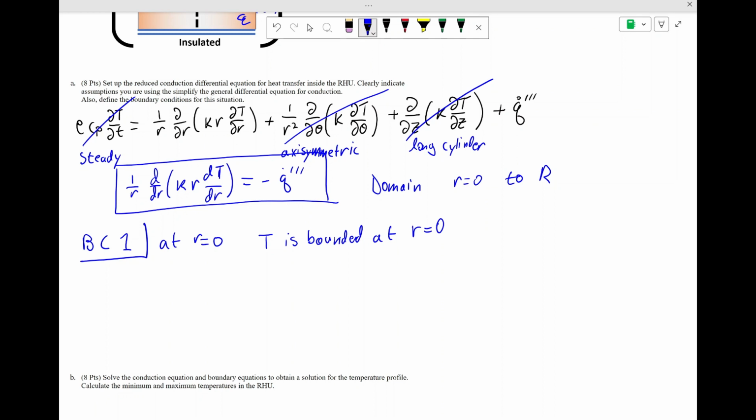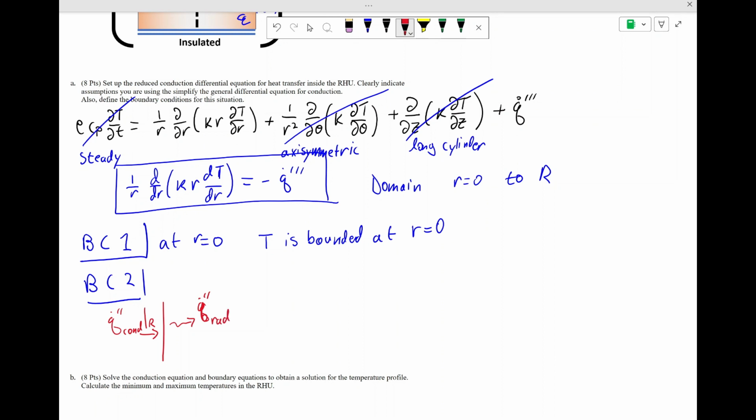Our second boundary condition is at the outer edge. Consider now the outer edge of our cylinder. We've got a conduction heat flux at R, and that's going to have to equal the radiation heat flux going from that outer surface to the surrounding shell, which is at Tc.